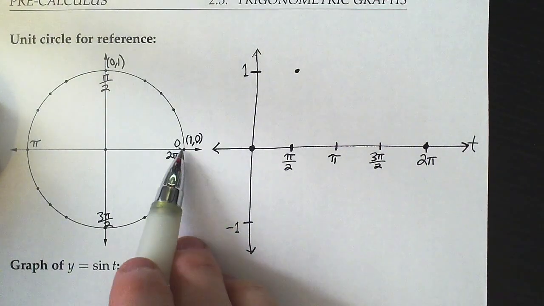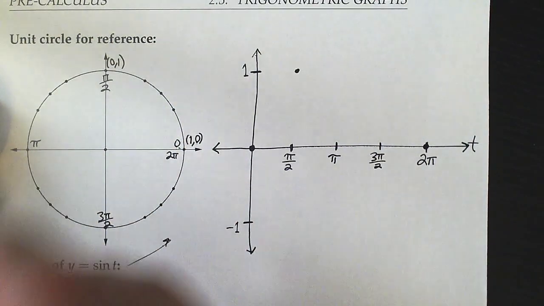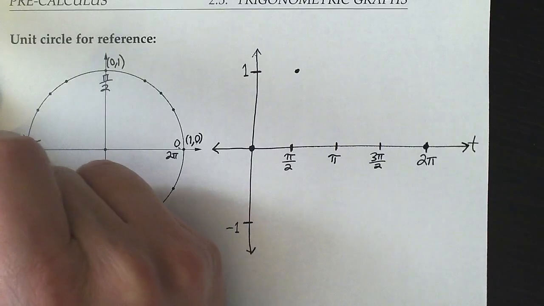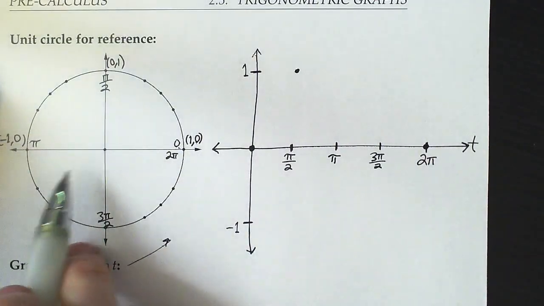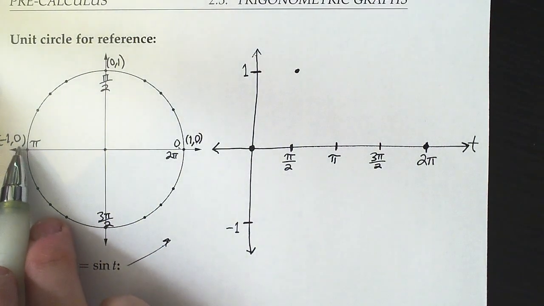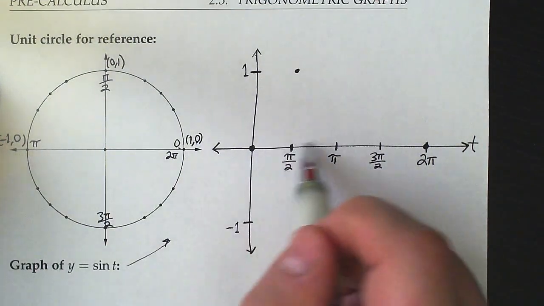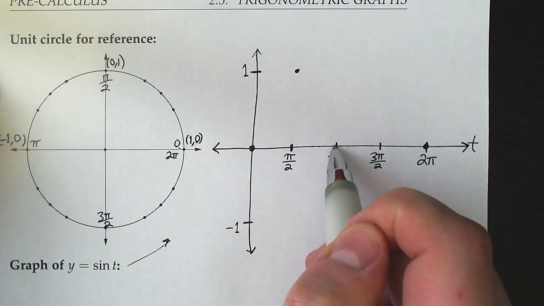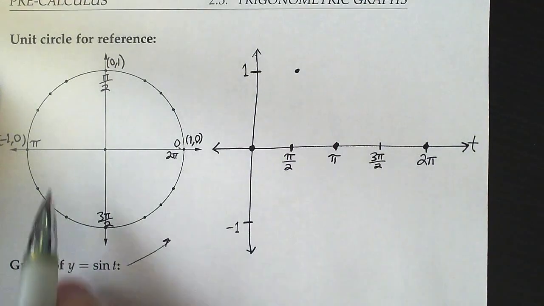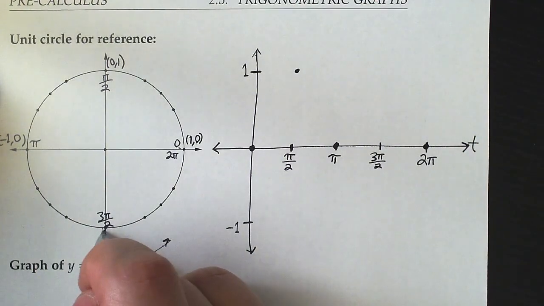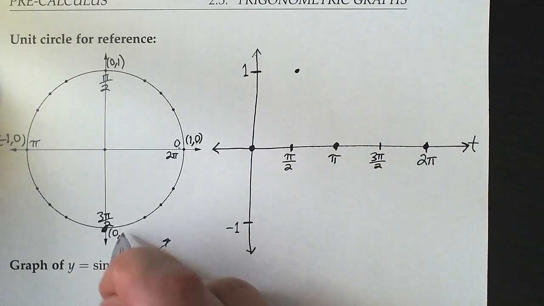Let's do some other points we know. How about we'll do the easy ones first. So this over here is -1, 0. So sine of pi looks like it is 0. So when I go to pi, I need to have a point at a height of 0. I'll do the one down here. 0, -1.